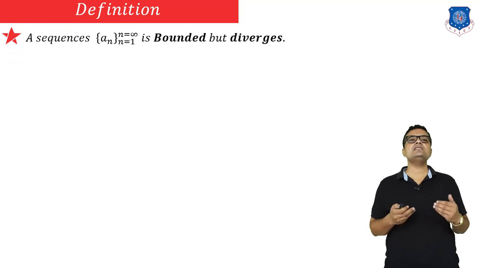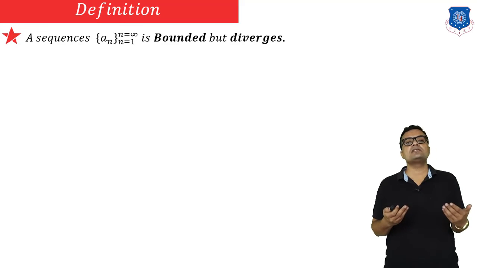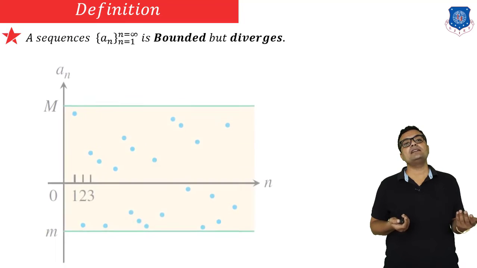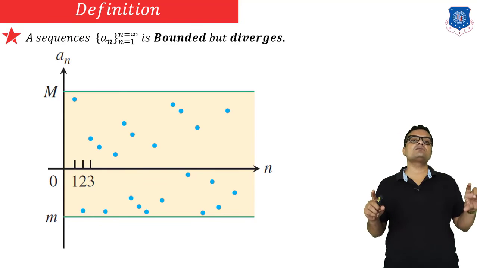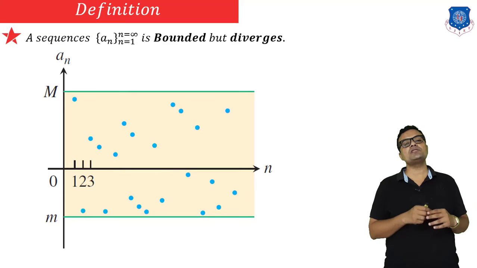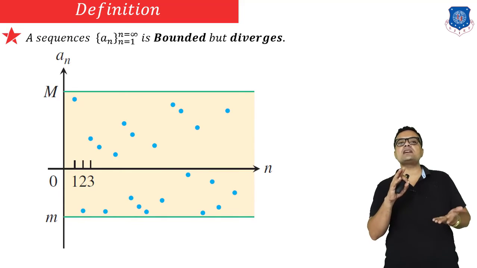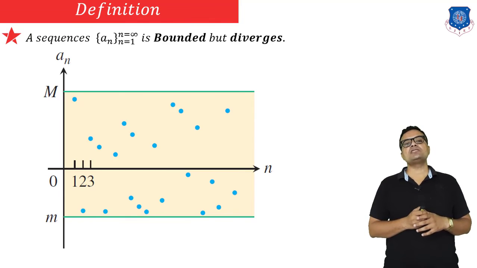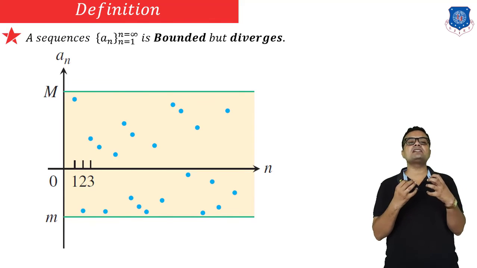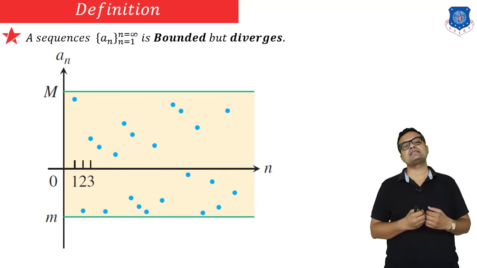So if I consider a bounded sequence, it may happen that it is divergent. This is the case. If I take two bounds, capital M and small m, which are the upper and the lower bounds of the sequence, it may happen that your sequence is remaining inside these two boundaries, but yet it is not convergent. That means it is not creating that cluster which was happening in the previous discussion.